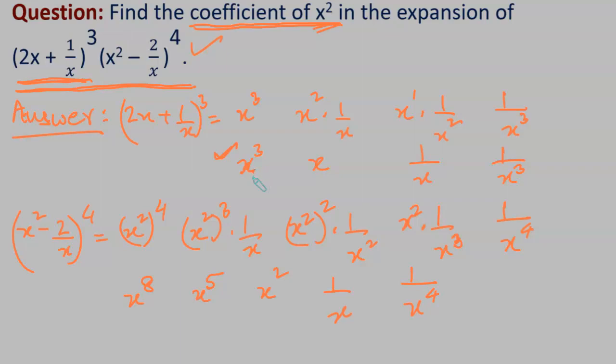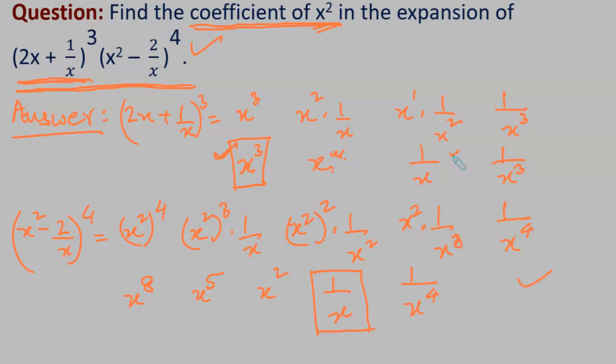So, obviously, this should get paired with this one. Okay. So, we have found the first pair. This is x. Therefore, it should get multiplied with another x, but we don't have another x in this expansion. So, this does not contribute.